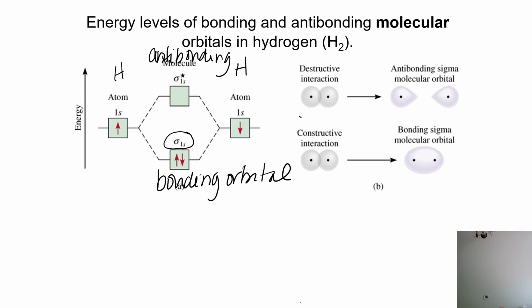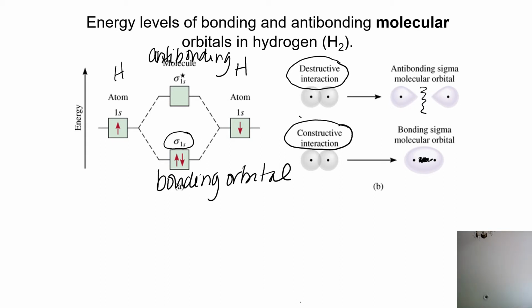So the way this is described with respect to the interaction of these orbitals is either a constructive interaction in which the electron density congregates between the two nuclei, promoting the formation of a bond, or a destructive interaction in which there's a planar node between those two nuclei, and the electron density is on the outer edges of those orbitals coming together.